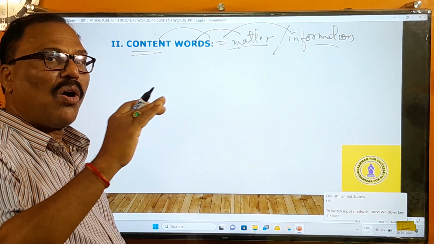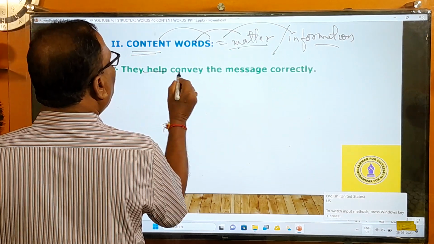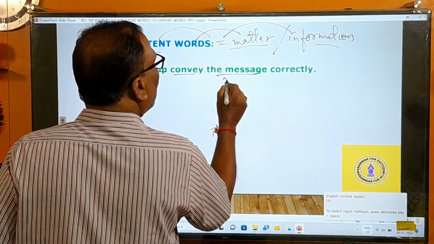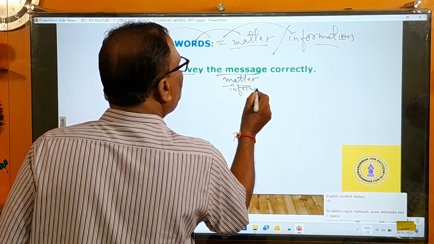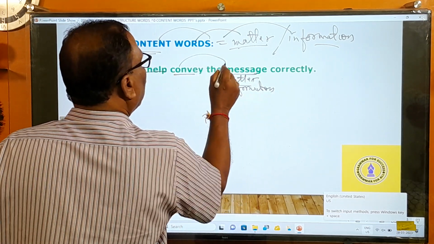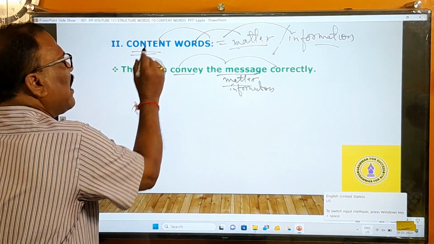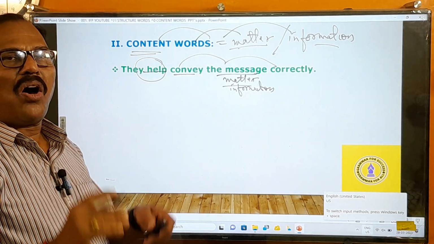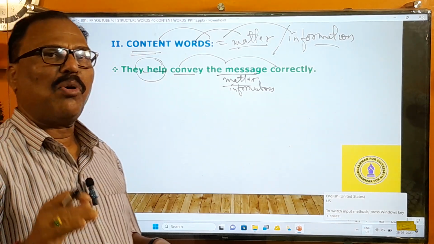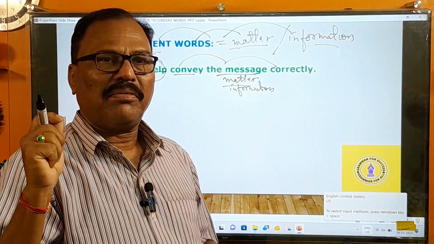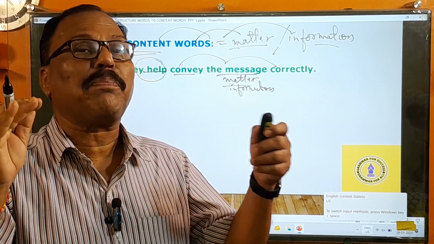Therefore, we can say they help convey the message or matter or information correctly. Content words always help you convey the message correctly. That means the more content words you have at your command, the more beautiful English you can speak.